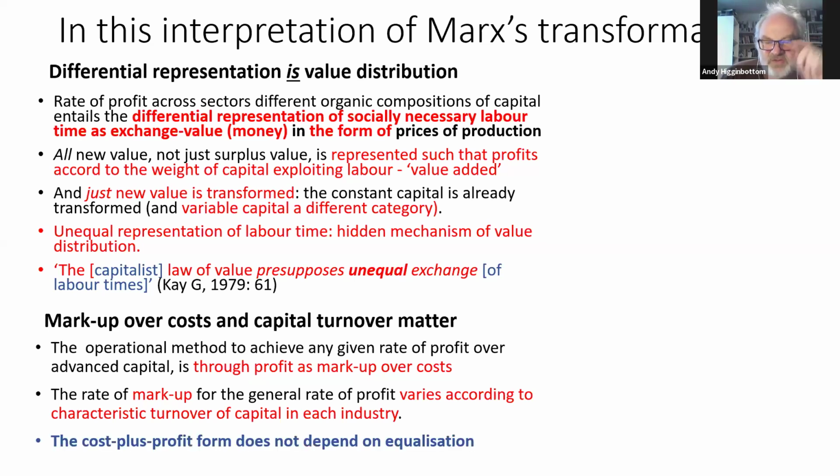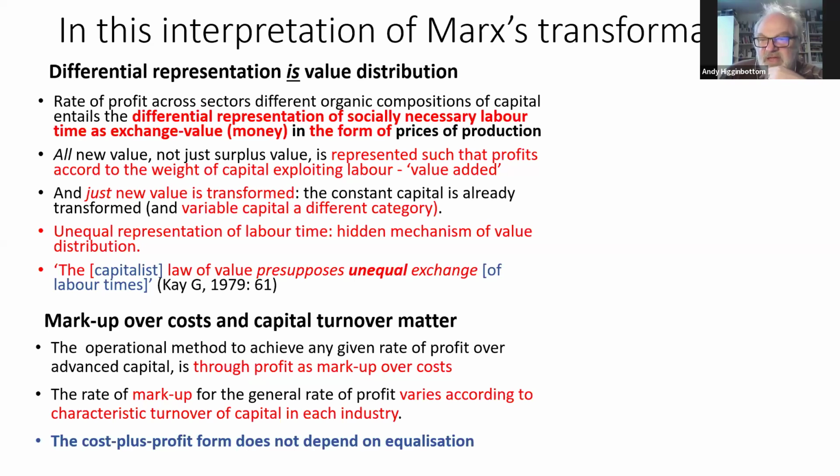The link between those two different denominators of the rate of profit, or the rate of markup, is the turnover of the capital. That's what connects those two. The other point that I make is that the cost plus profit form does not in and of itself depend on profit rate equalization. I think that's quite an item for discussion, but that's how I've come to understand it.